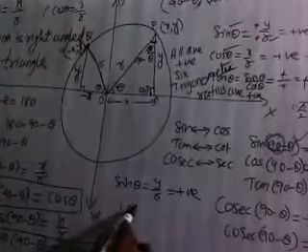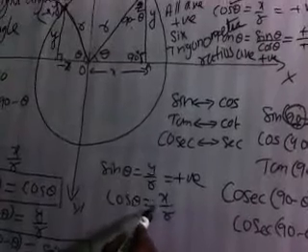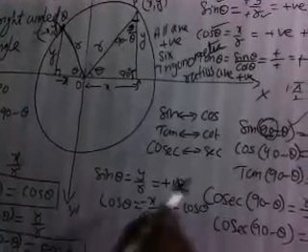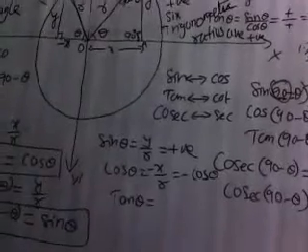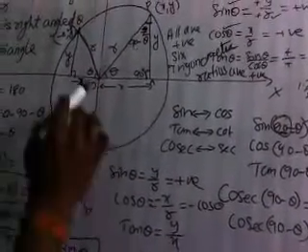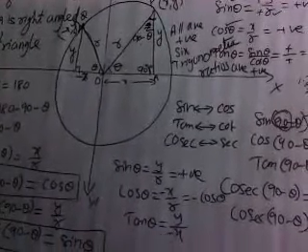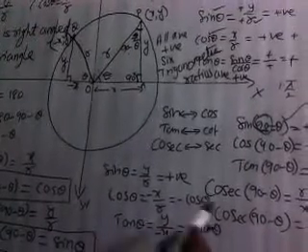Cos theta is equal to x by r, but x is negative here, so cos is negative. Tan theta is equal to y by x, opposite side to theta by adjacent side to theta, but x is negative. That's why tan is also negative in the second quadrant.